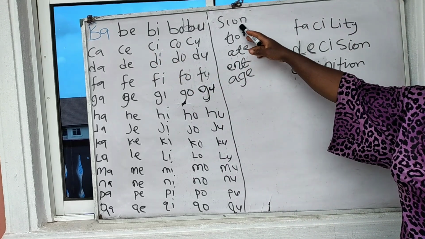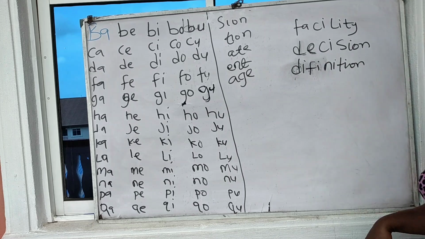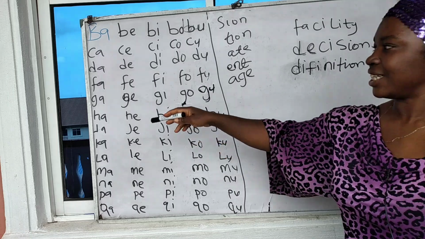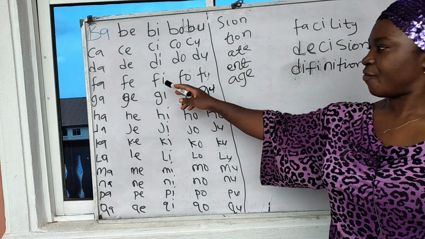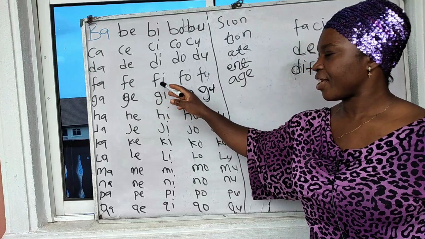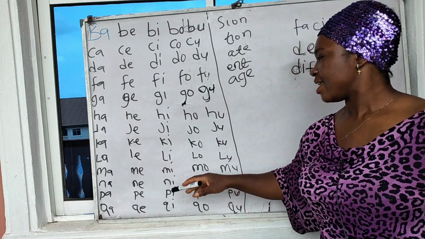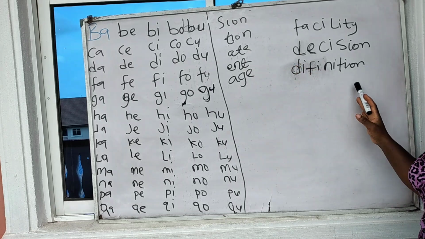From here we got our shon, we have decision. We equally have di, fi, defini, ni, definition. The shun we get from here.